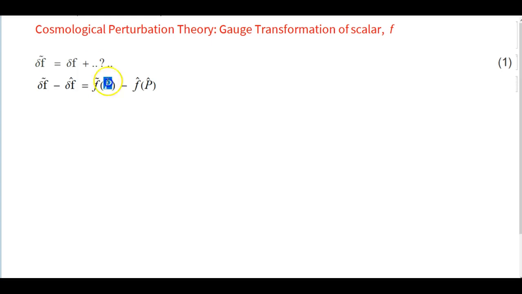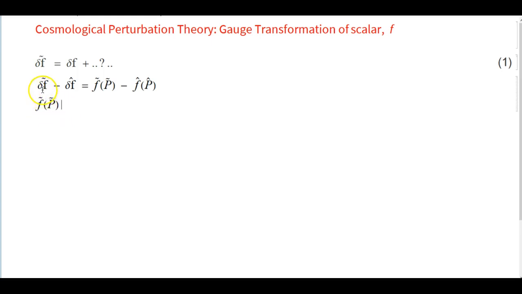Note that f tilde is a scalar. From the tensor transformation rules, which we have seen in general relativity and which I talked about in my lecture 1, tensor transformations are at the same point.